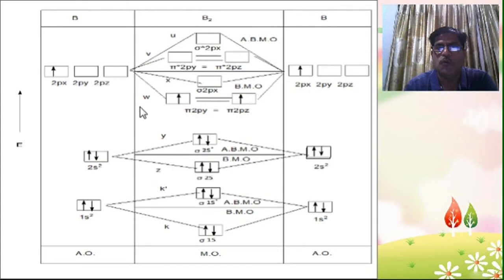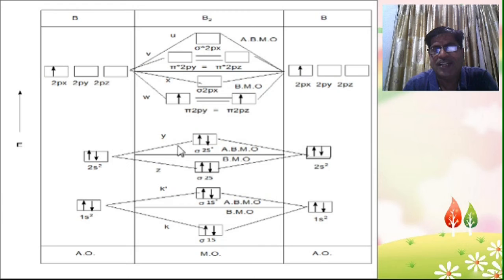Here U, V, W, X, Y, Z are Mulliken terms. So this is the MO diagram of the B2 molecule. How many electrons are in B2? 2, 2, 2, 2, 1 and 1.